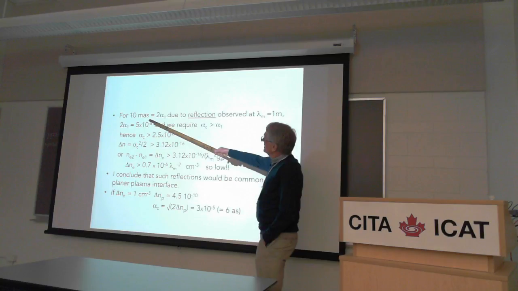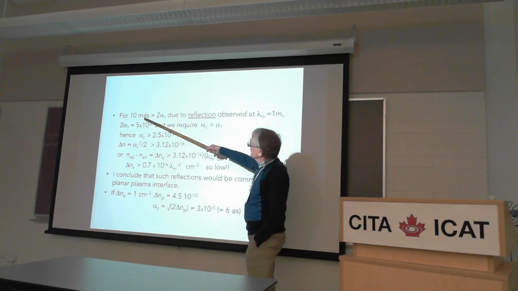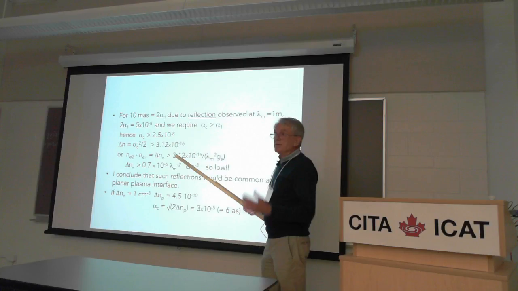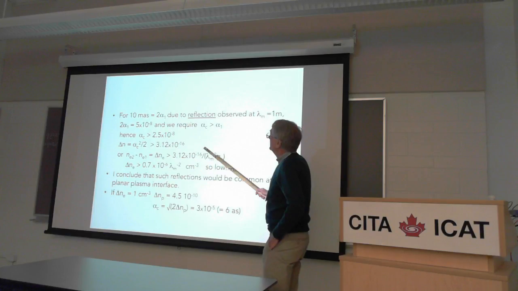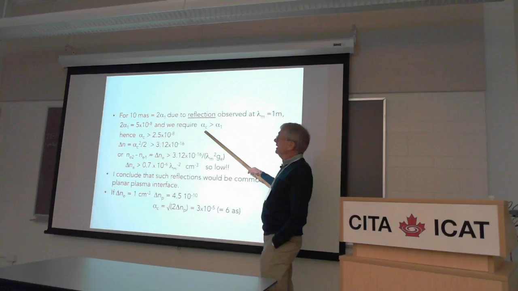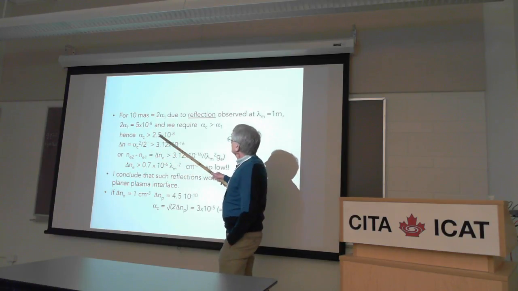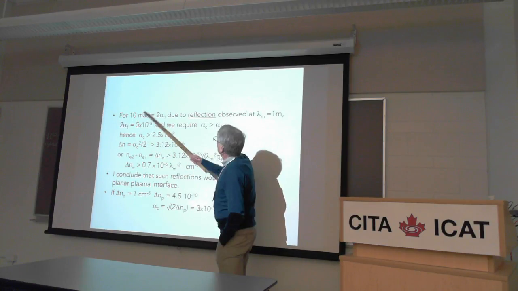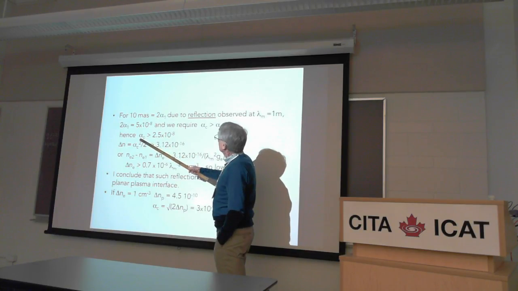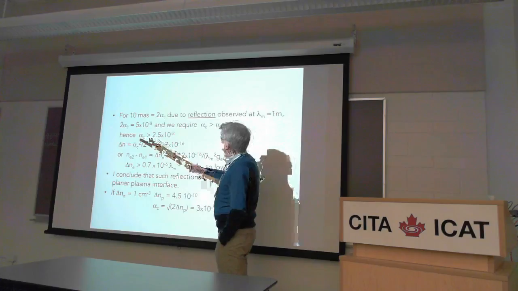So if we identify an observed 10 milliarc seconds with twice the angle of incidence, that's a reflected wave, we need the alpha 1 to be less than the critical angle. So 2 alpha 1 measured, and that means the critical angle has to be greater than this in radians.